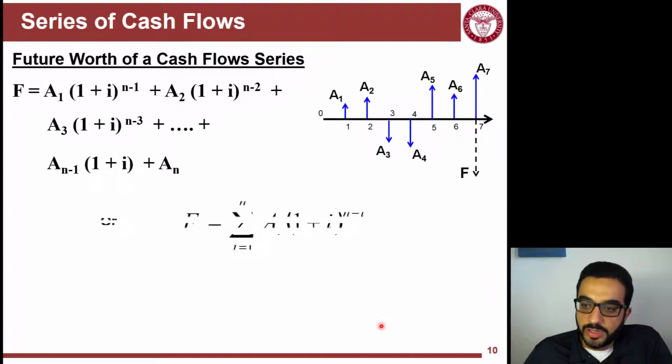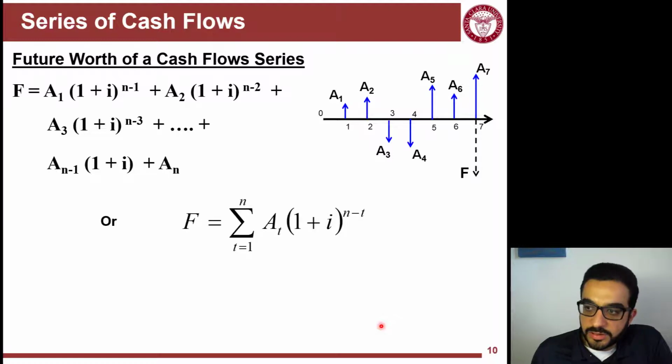So we'll end up with the future worth being the sum of every cash flow in every year times 1 plus i to the power n minus t. The formula just says, if I'm calculating the future worth at the end of year 7, then if I'm dealing with the future worth of A3, I will bring it by 7 minus 3, so 4 years. It will gain value over 4 years.